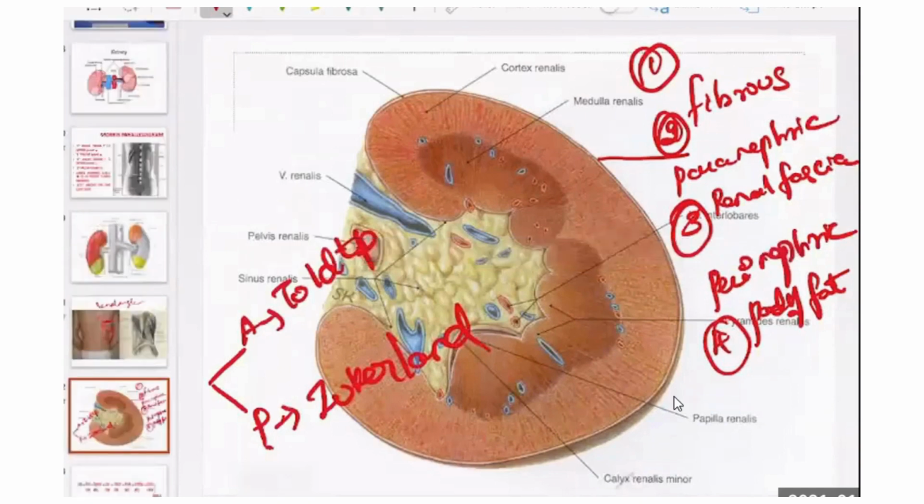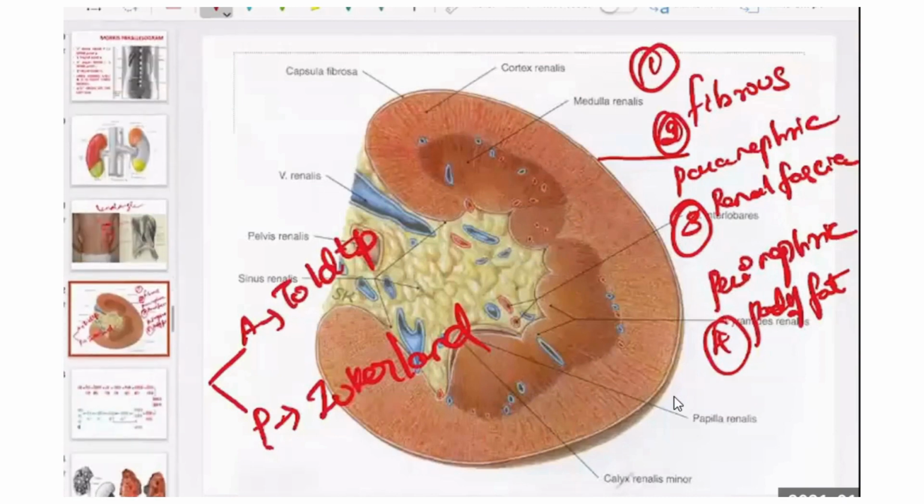The outer part is called cortex and the inner part is called medulla. If you take the blood supply, we know it is derived from renal artery, which is a branch from abdominal aorta, and the vein is renal vein. We know which testicular vein is draining into renal vein. Left testicular vein is draining into renal vein.